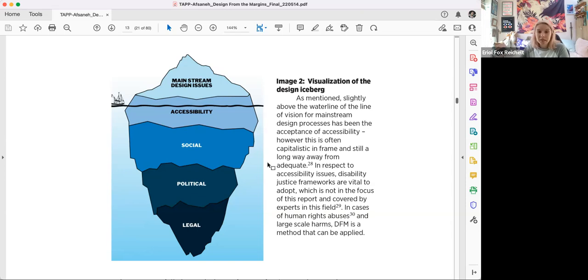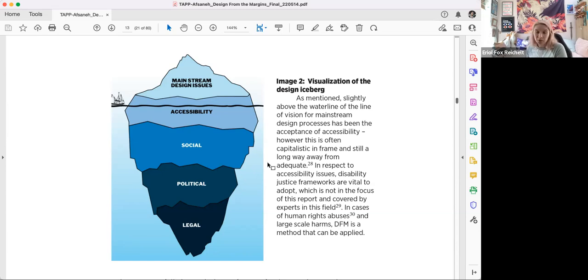So we can see accessibility as slightly above sea level, because it is being considered more. Mainstream design issues are the kind of things that are reasonably well socialized within the design space. Then underneath we have the deeper effects or deeper needs of accessibility: social, political, and legal.